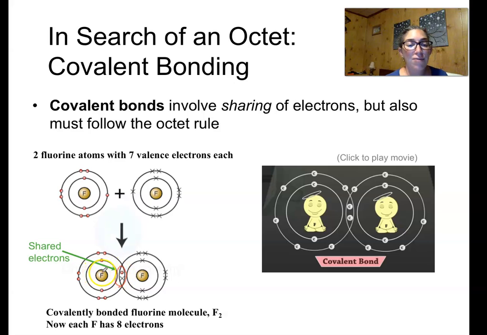So we could say that the fluorine on the left has 1, 2, 3, 4, 5, 6, 7, 8 valence electrons, and the fluorine on the right also has 1, 2, 3, 4, 5, 6, 7, 8. So it fulfills that octet rule.